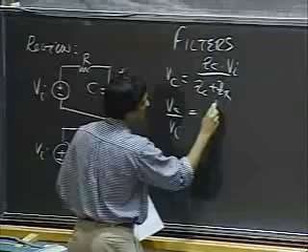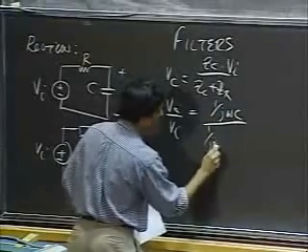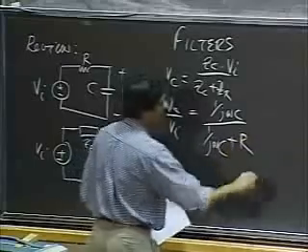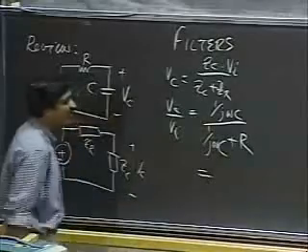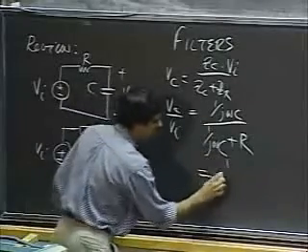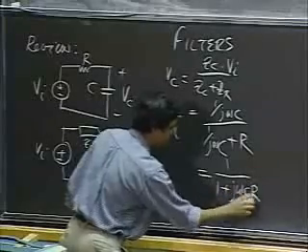ZC I know to be 1 by j omega C, plus R. Multiplying throughout by j omega C, I get 1 divided by 1 plus j omega C R.